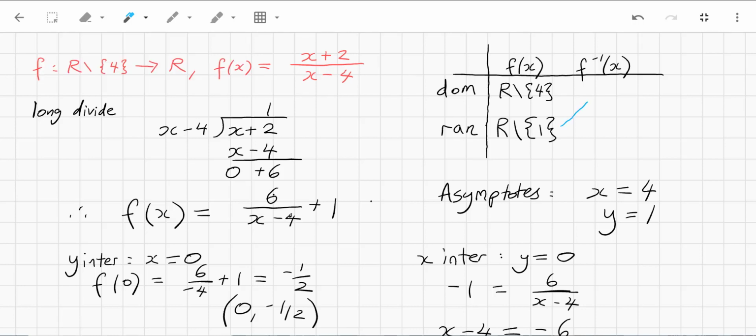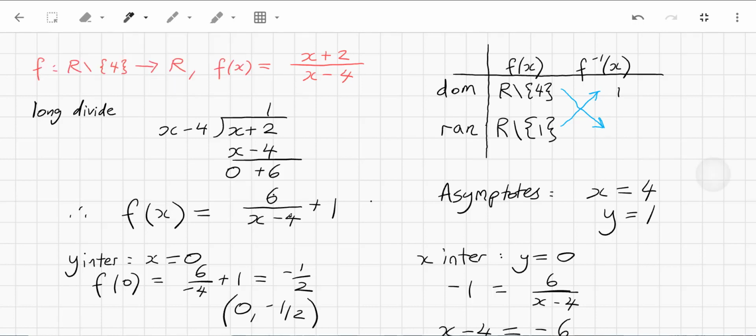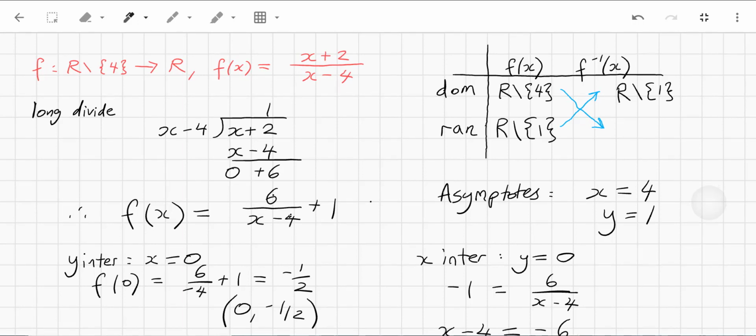So the range of the initial becomes the domain of the inverse. The domain of the initial becomes the range of the inverse. So I'm left with the domain of the inverse, R not including 1, and the range of the inverse, R not including 4.